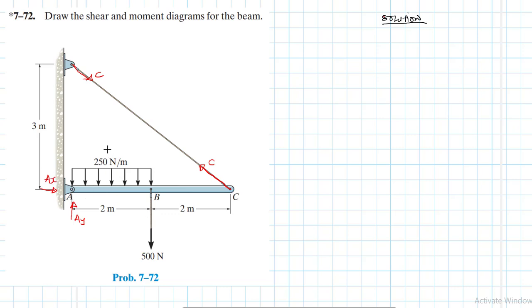Then I have an equivalent force here, which is the area under the loading diagram, which is just 250 times the length of the distributed load, 2. So 250 by 2 gives us 500 newtons, right? And it is acting at half of 2, which is 1 meter from A. Great.